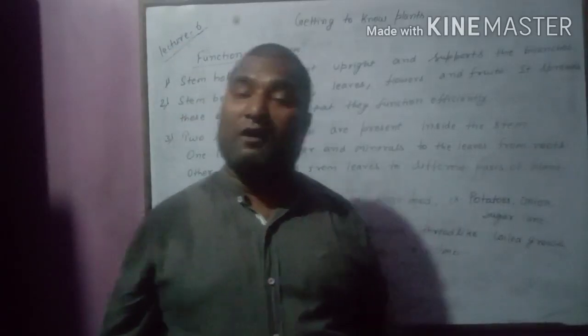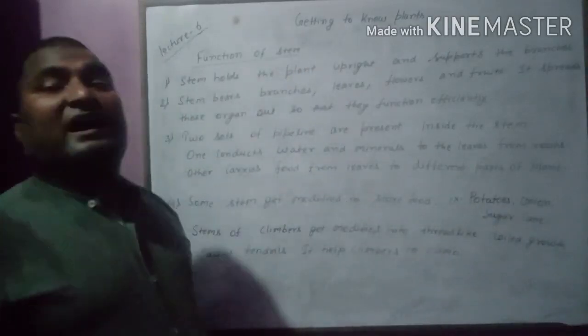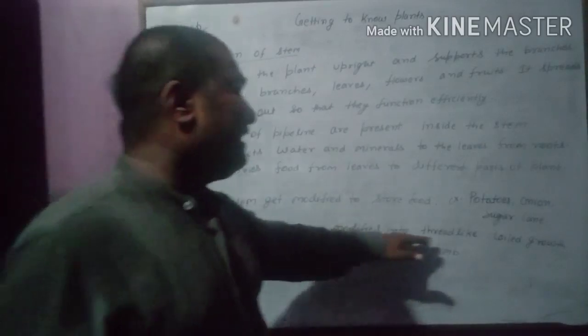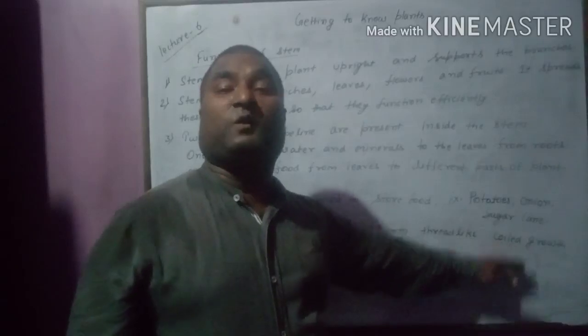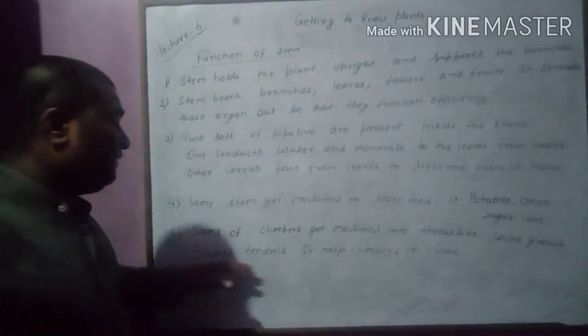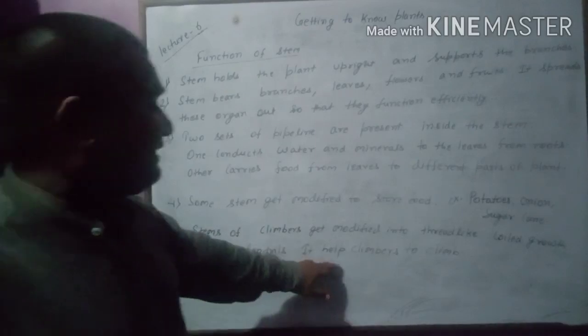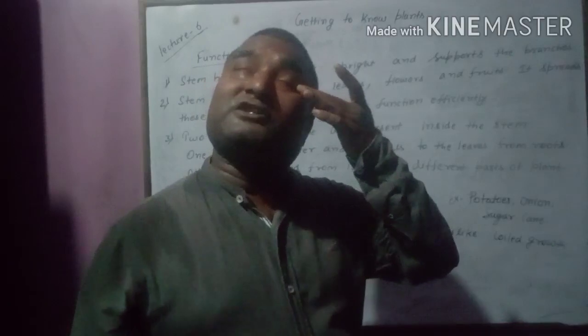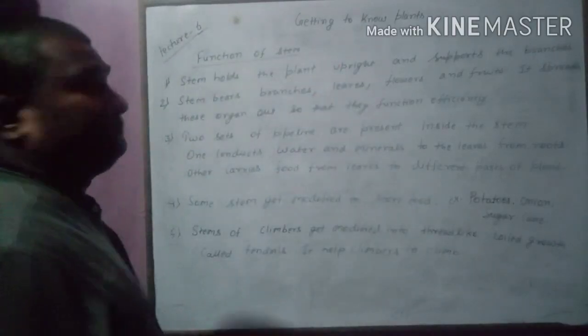These are examples of stem. Actually potato and onion are underground stems. Stems of climbers get modified into thread-like coiled growth called tendrils, and it helps climbers to climb. So these are the functions of the stem.